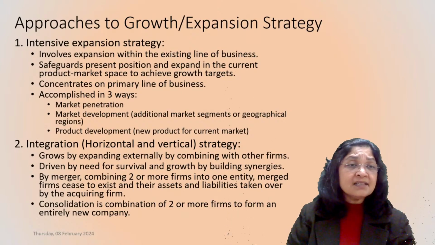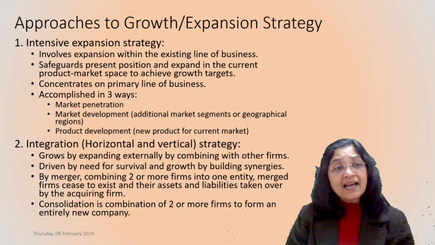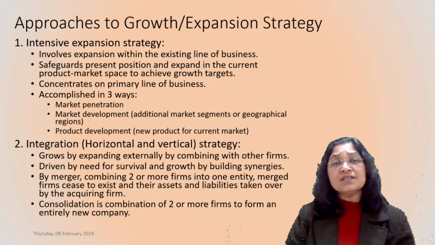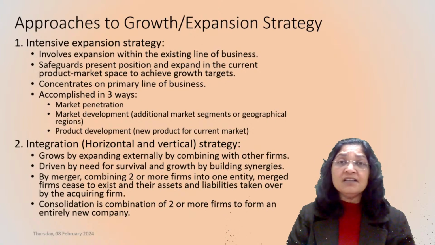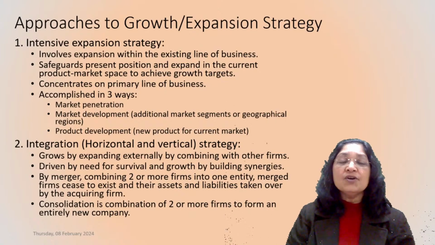This intensive expansion strategy safeguards our present position and expands in the current product market space to achieve the growth targets. It concentrates on the primary line of business. As I said, we're not changing the business in this strategy. While remaining in the same business, we are expanding our operations.